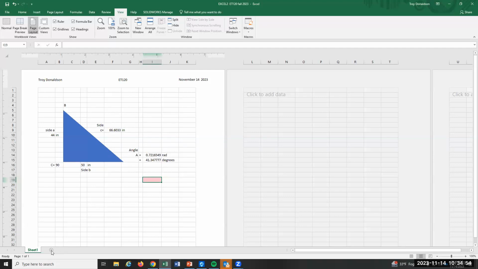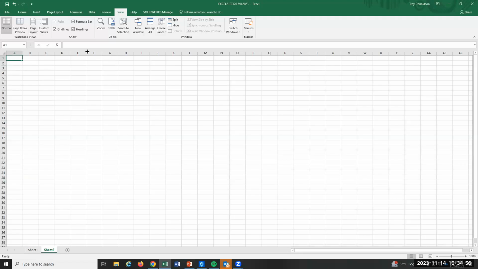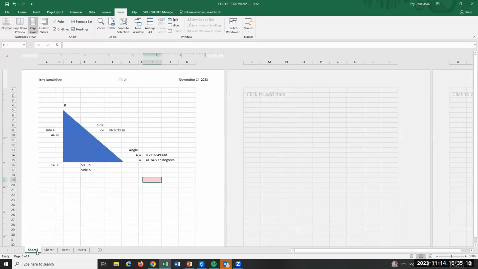And then this little plus is to add a sheet. So here's where the trapezoid would go, right? And then here's where another, I just added again, sheet 3. This is where another triangle would go. And then sheet 4, adding up the areas. You can name these. So you should be able to right click on it and rename it.